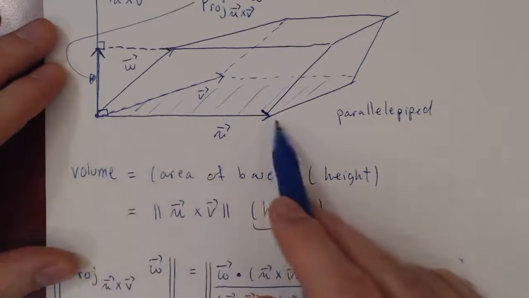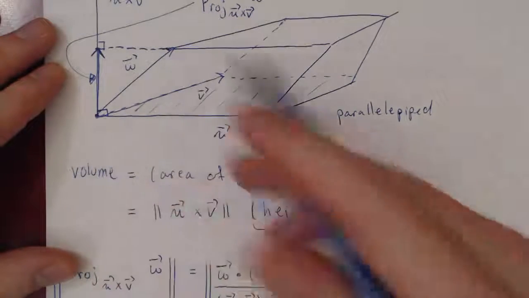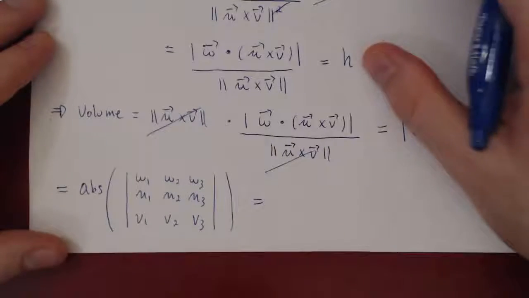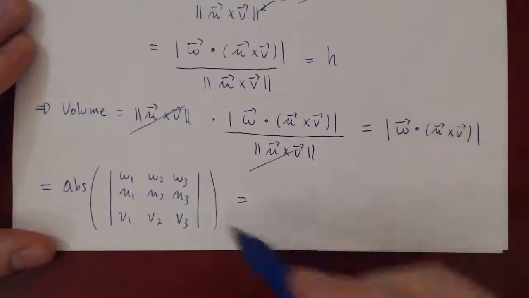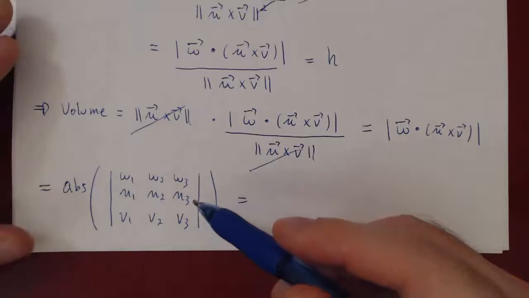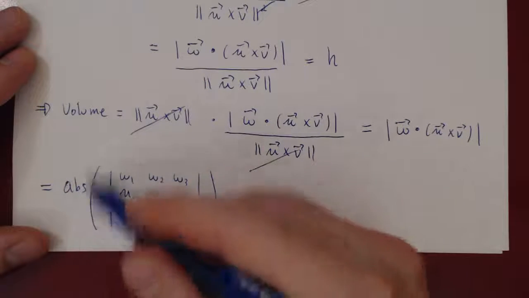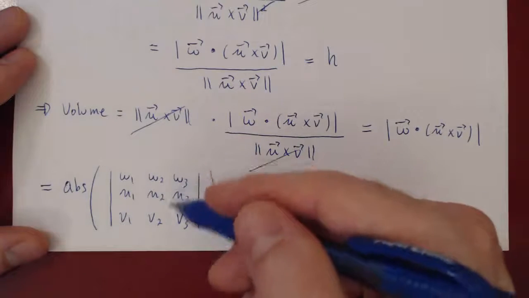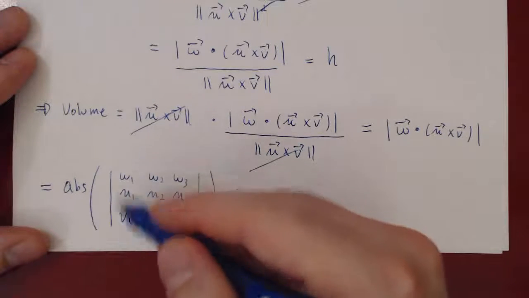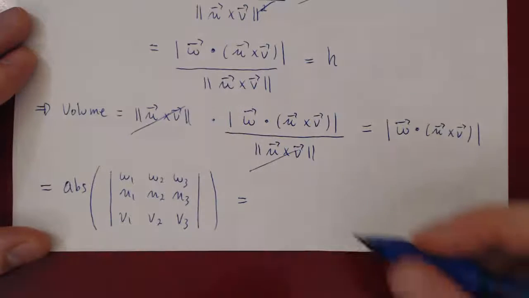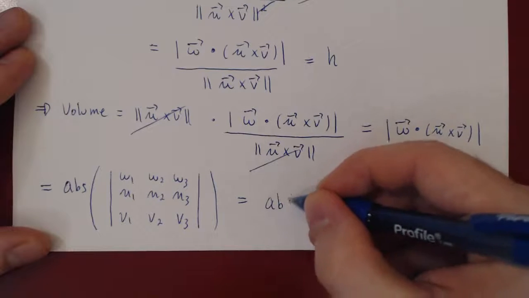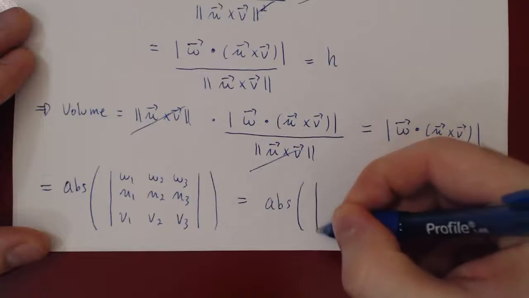I want U, V, and then W. And why can I do this? Well, think about it. If I swap rows of a matrix, the determinant is negated, but I have the absolute value of the determinant. So I can swap rows, and the absolute value will kill the negative signs, so there's no problem. This is the absolute value of the determinant of the matrix.